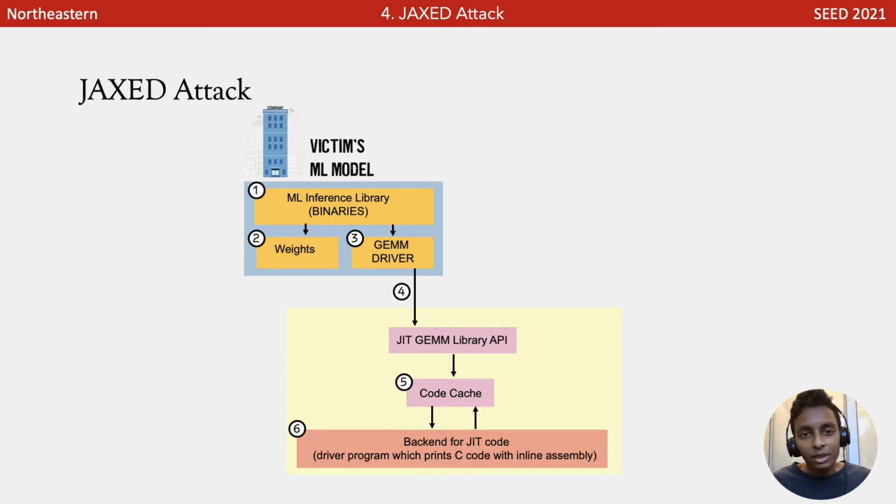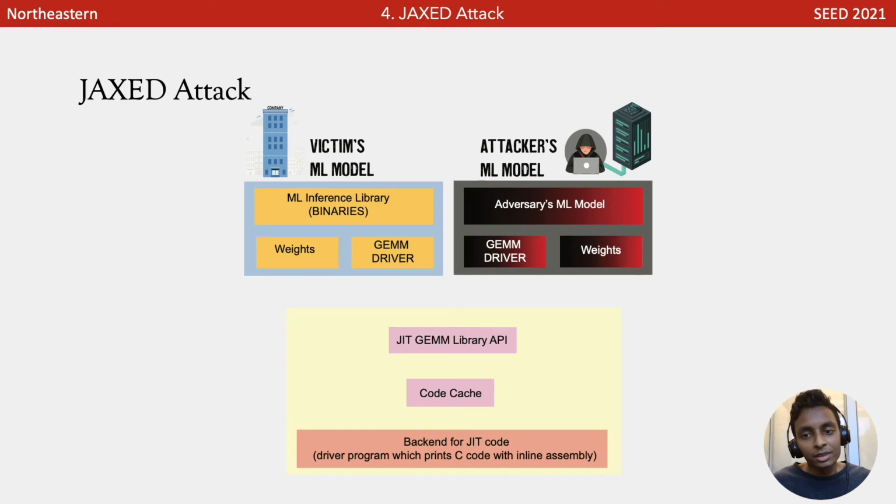Now we can see how an adversary would come into this picture. An adversary can load a simple model, and as the adversary's model performs these convolutions, these will again be driven through the GEMM driver.